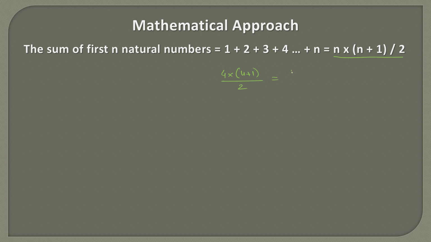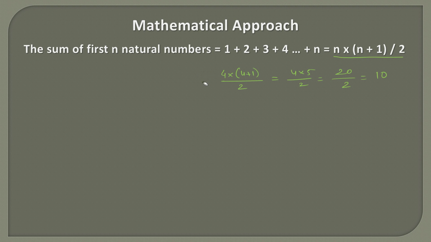So this will give us 4 into 5 by 2, which is 20 by 2, which will be equal to 10. So here you can see 1 plus 2 will give 3, 3 plus 3 is 6, 6 plus 4 is 10. So this is the formula which helps us in evaluating the sum of first n natural numbers.